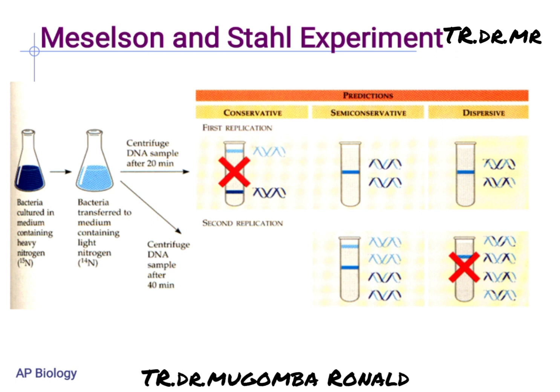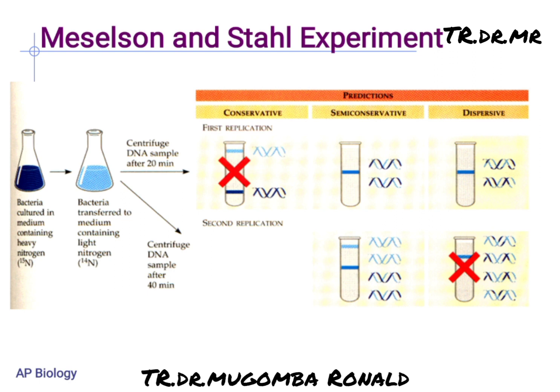In contrast, when they checked at 20 minutes, centrifuge experiments showed that it was a 50/50 mixture of both light nitrogen and heavy nitrogen. This was not as expected.